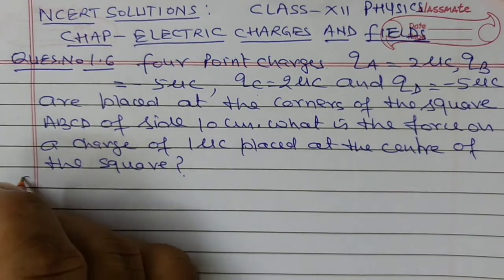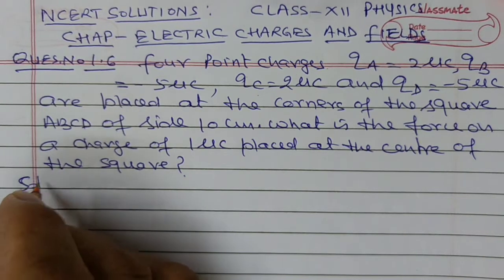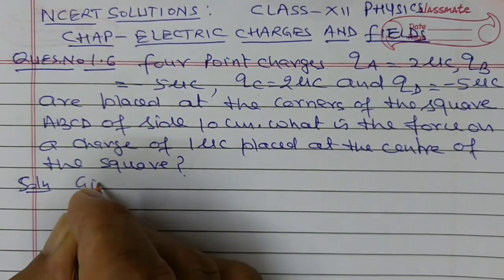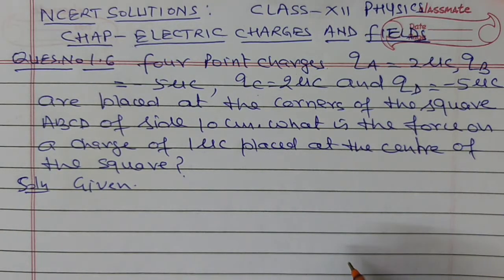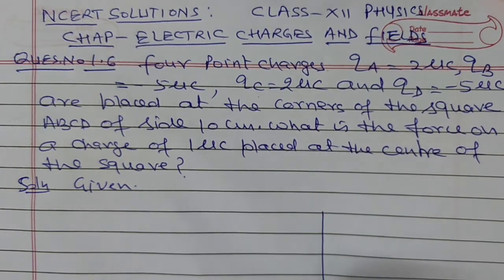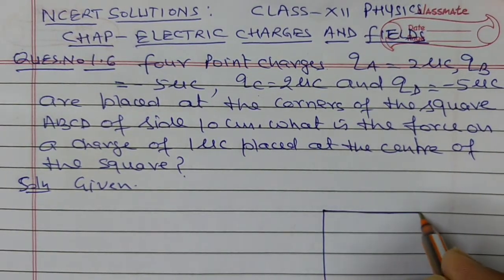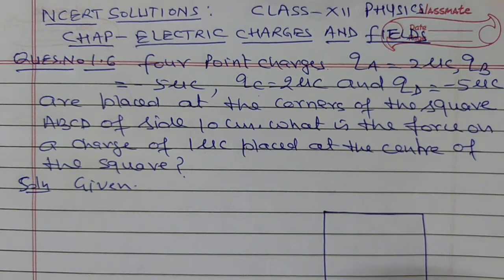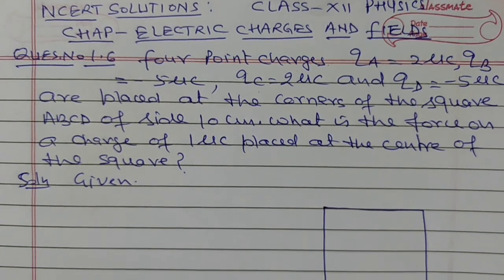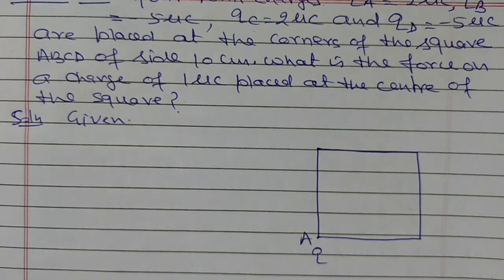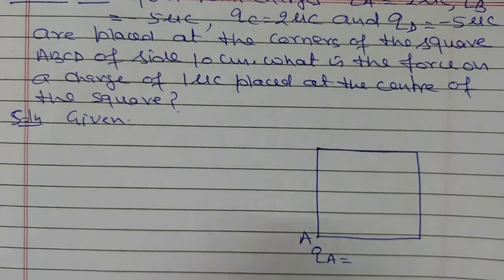In this question it is given that 4 charges are placed at the corner of the square. Suppose this is a square ABCD. Here this A, QA is equal to 2 microcoulomb.